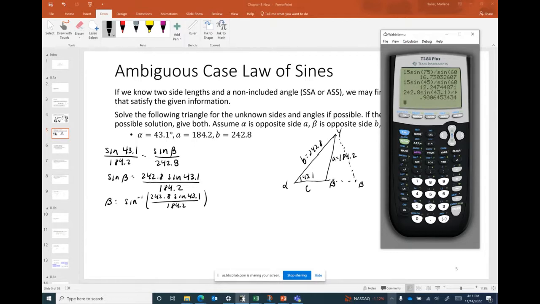Let's try that again. Oh, I forgot to do inverse sine, that's why. All right, so I want to find the inverse sine. I could just do inverse sine of answer, and there it is, about 64 degrees. We'll say 64.2 degrees.